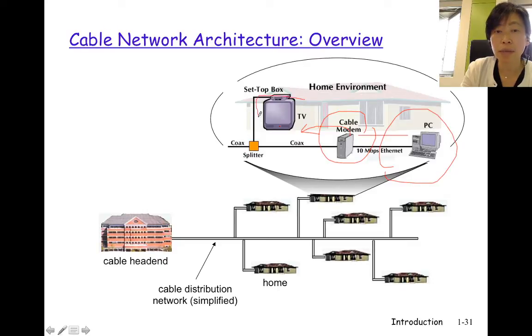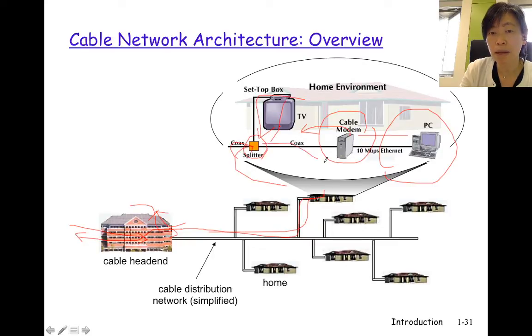In that case, some control signal will go this way, and they get merged here, and it goes all the way through the distribution network to the central office. Similarly, there's also a splitter here, differentiating whether this is a request for a TV program or a request that goes out to the internet. And similarly, internet sends something back, and the TV program will also come back, and it travels the other way around back to the splitter. The TV program goes back here, and your data comes back here.